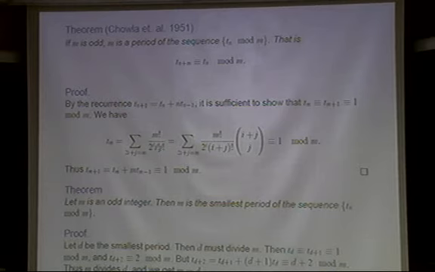But here, we assume that M is odd. So we can ask, what if M is even? But later you will see that if M is even, then this sequence does not have a period, because it has infinitely large power of 2.